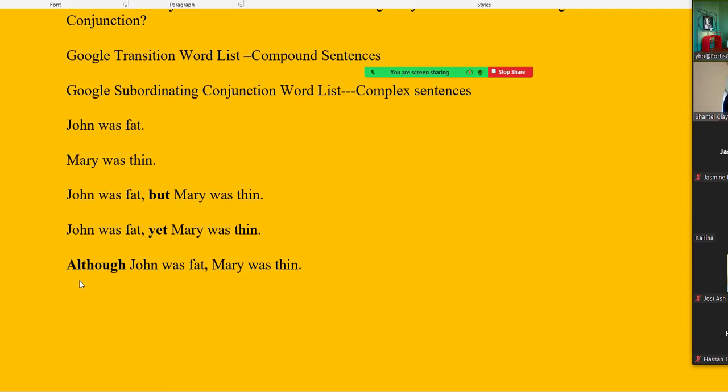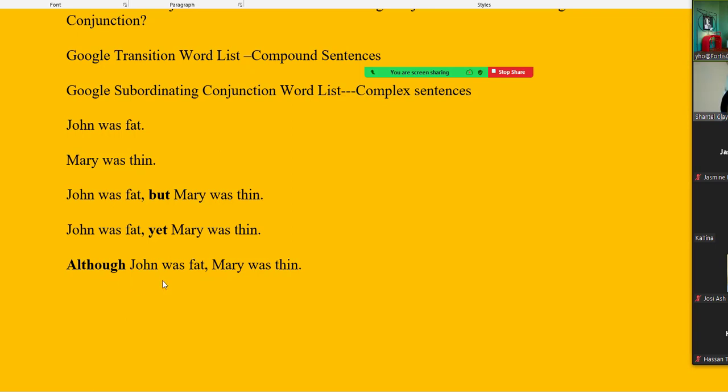So in a complex sentence, you have a dependent clause and an independent clause. Whereas in a compound sentence, you have an independent clause and another independent clause joined together by a coordinating conjunction. That means that both sentences are of equal importance. When you have a complex sentence, the dependent clause is not that important, and Mary was thin is very important. As a result, when I read the sentence, I will read it as, although John was fat, Mary was thin.